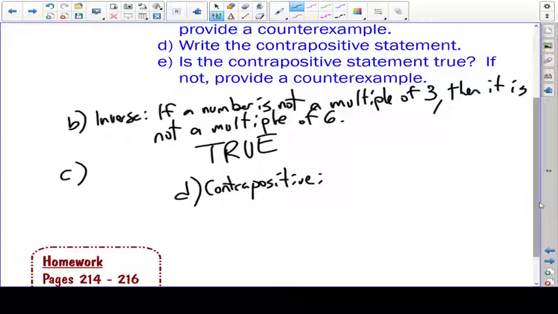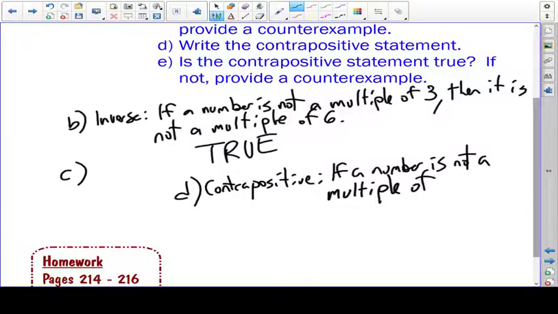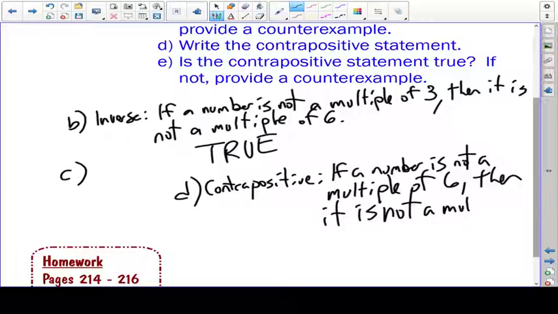So the contrapositive is, if a number is not a multiple of 6, then it is not a multiple of 3.